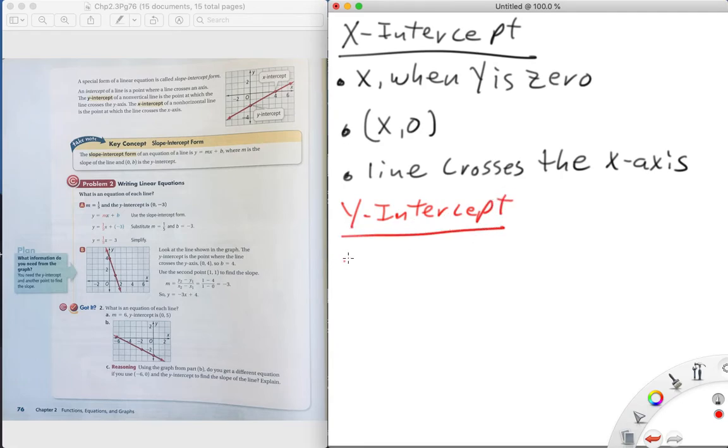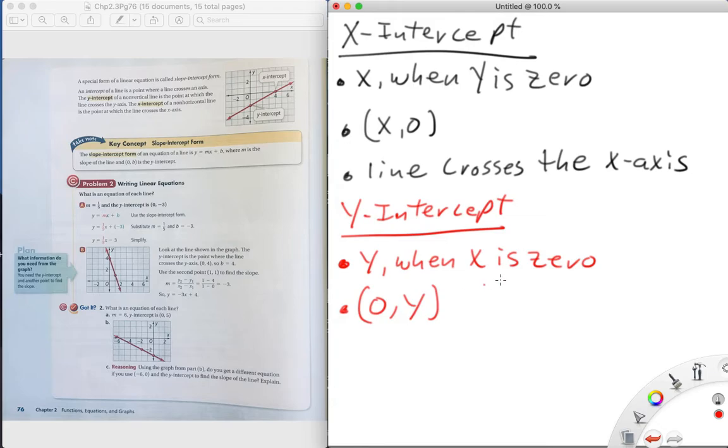And the y-intercept is y when x is 0. It's in the form of (0, y).